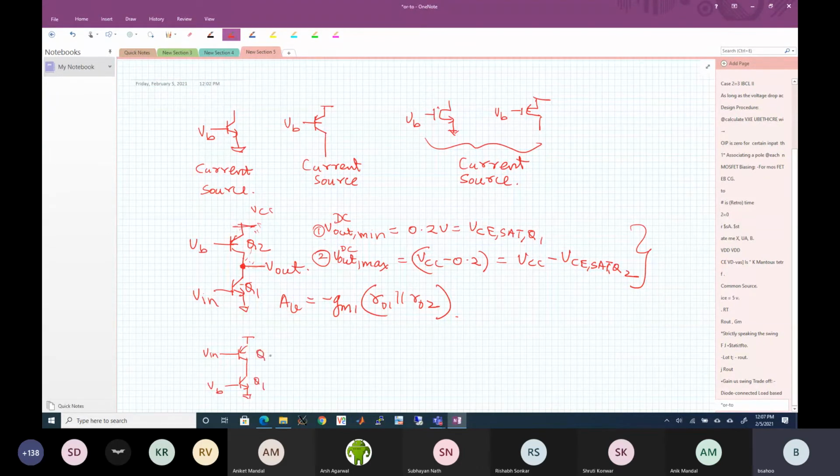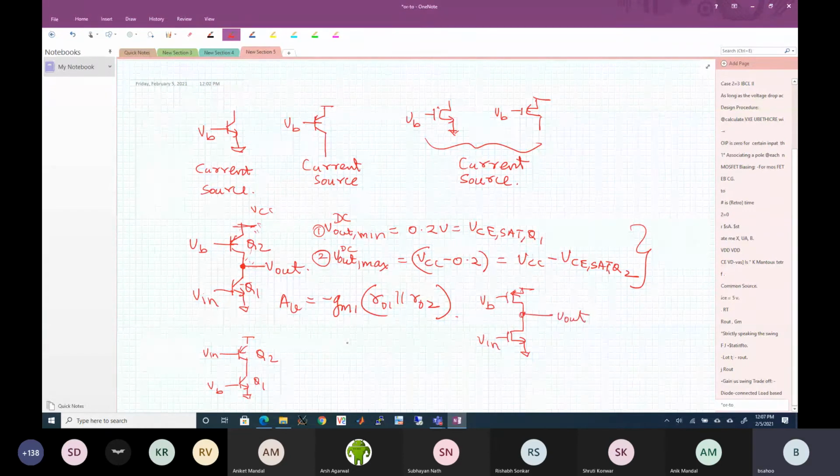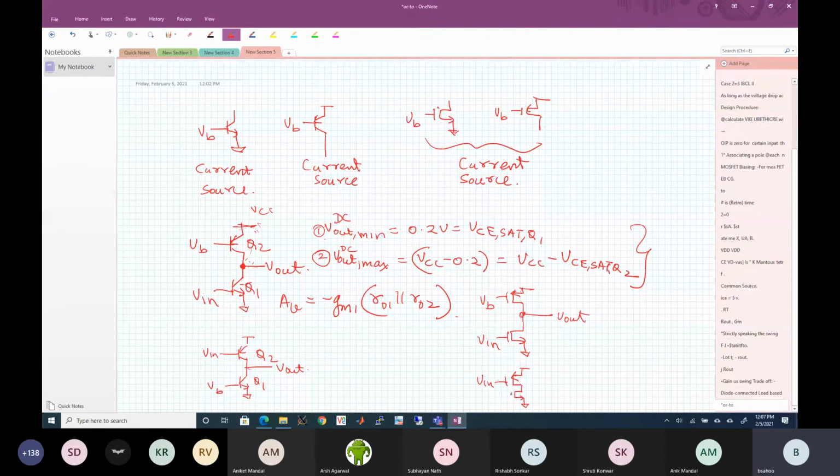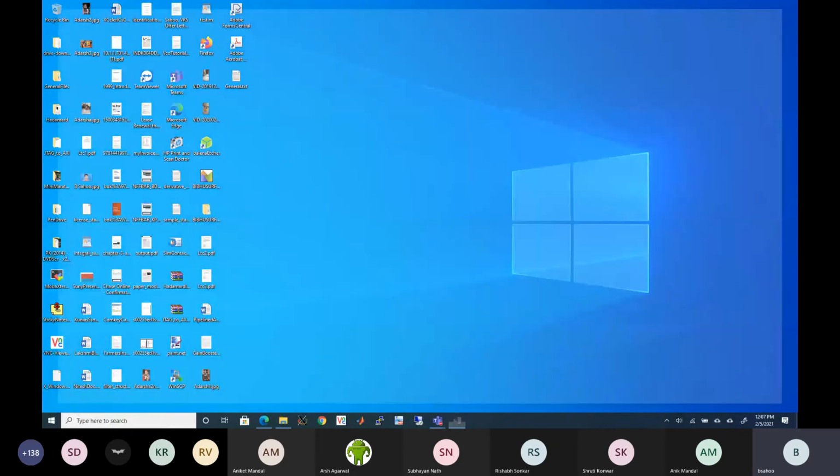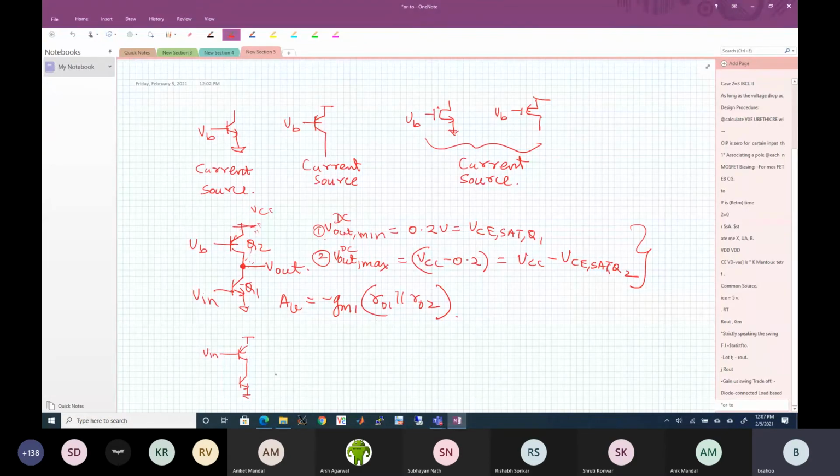Okay, so Q1 and Q2. Now the MOSFET part of the amplifier is going to be, okay, so V out is here, and the corresponding PNP part is, so the input device is PNP and the current source load, VB, V out, okay, Q1, Q2.